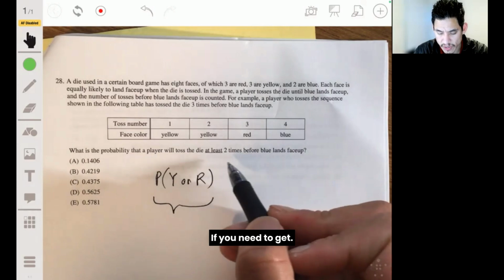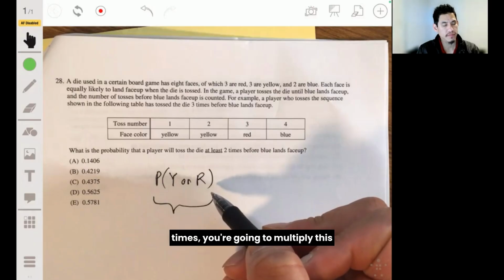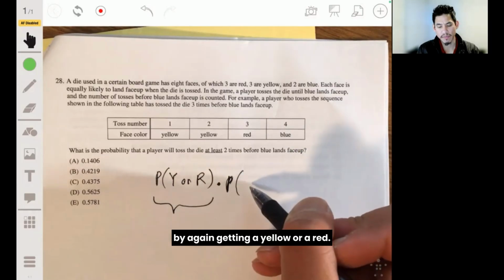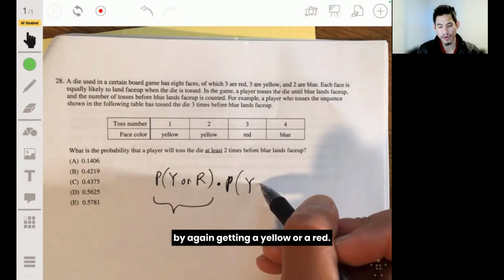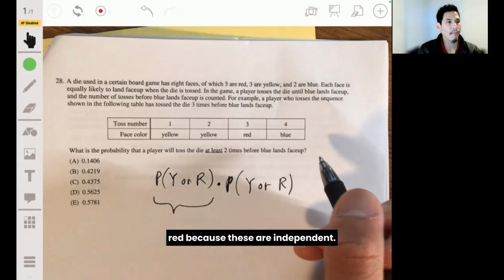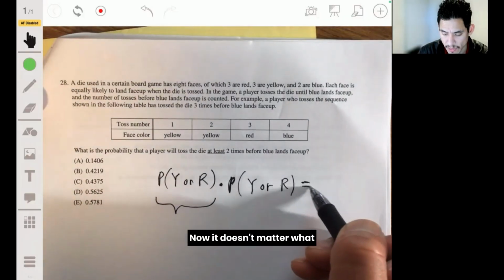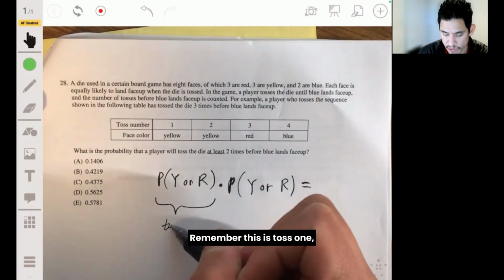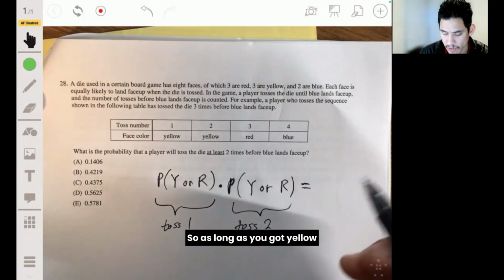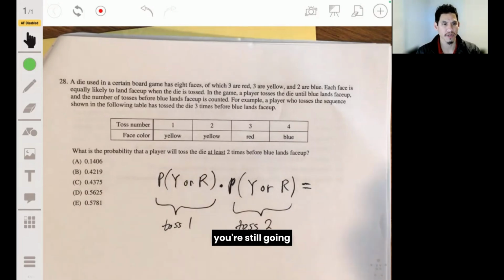And if you need to get this 2 times, you're going to multiply this by again getting a yellow or a red, because these are independent. Now, it doesn't matter what you got on the first toss. Remember, this is toss 1, this is toss 2. So as long as you get yellow or red on both tosses in a row, you're still going to be rolling the die.